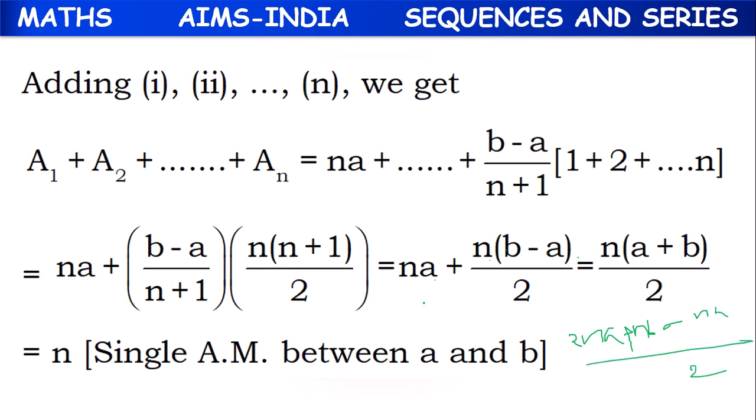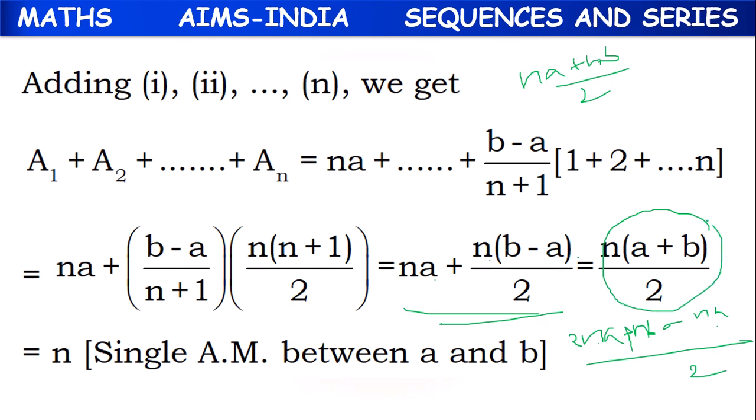After taking LCM, we will get this formula. 2NA minus NA equal to NA. So we will be having NA plus NB by 2. If we take n as common, we will get this formula n into (a plus b) by 2.